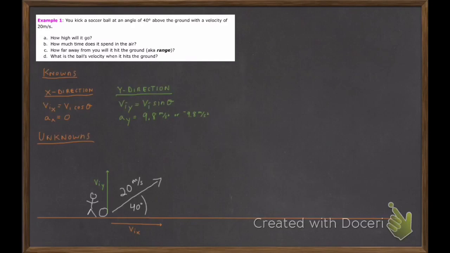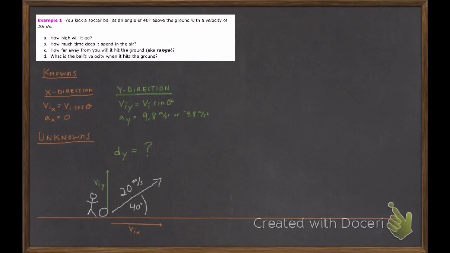And like before, they have to be either x direction or y direction. How high will it go? Well, is that a vertical question or a horizontal question? Height is a vertical question, so that will go under our y direction. So we can put how high will it go as dy. So we will say dy equals question mark.